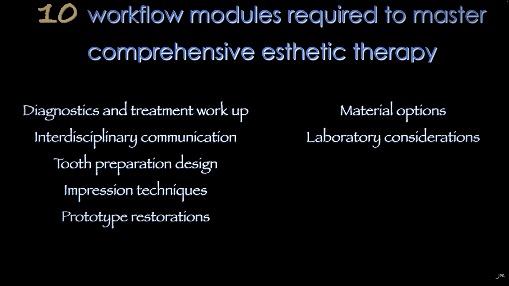The laboratory will create all the restorations and deliver it to us. And once they're in our office, we have to now go through the cementation fundamentals. We have to understand our cements. We have to understand or evaluate if our restorations fit properly, are optically correct, and then we would place these in.